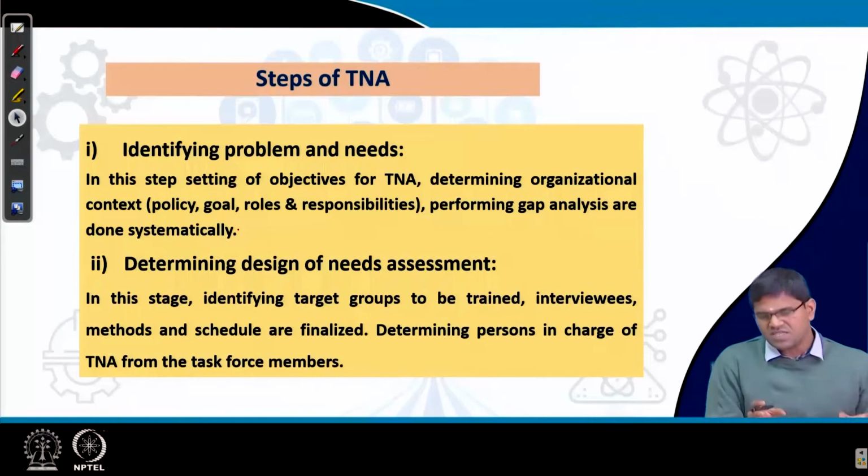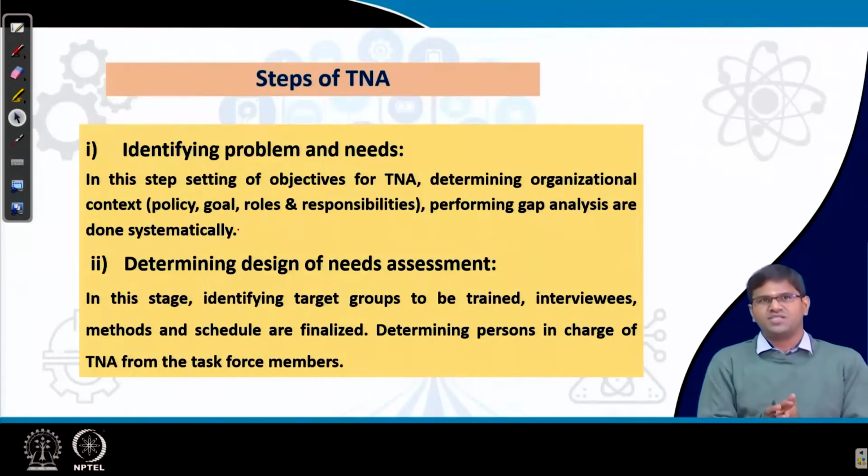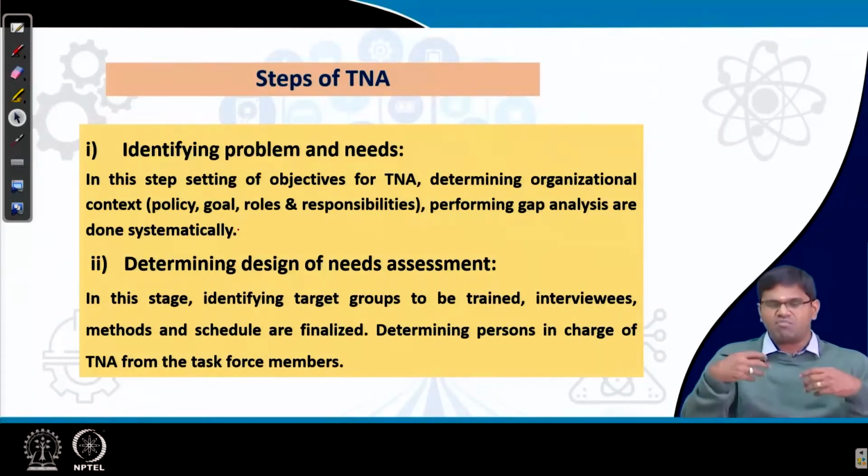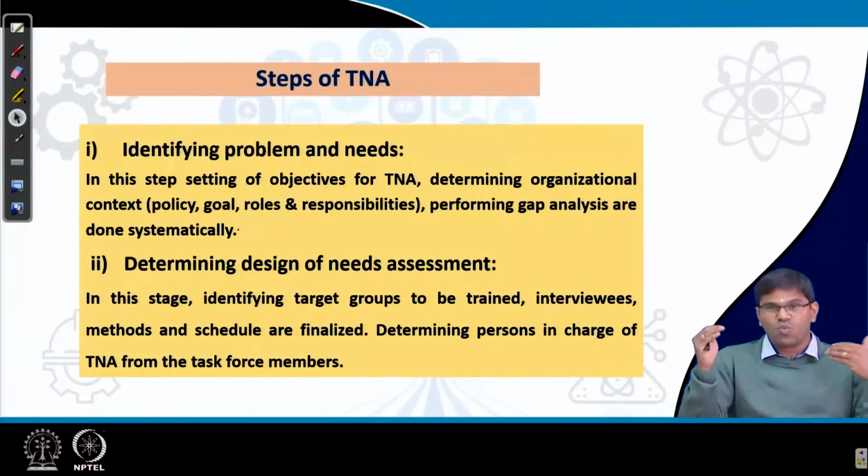In the first step we are identifying the problems and needs. In this step we are setting up the objectives for the training need assessment. We will determine the organizational context, the context in which we are going to conduct this assessment.